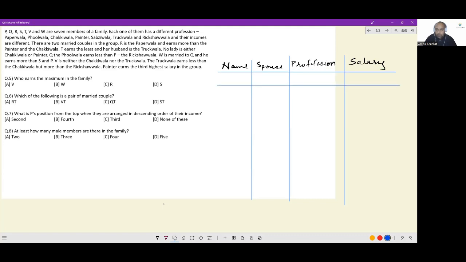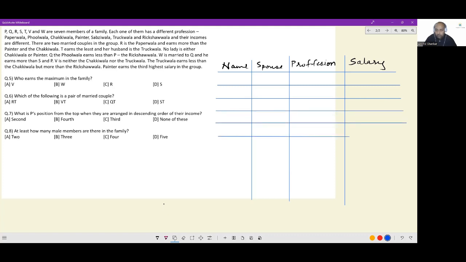For 4 people, the spouse column will have something. For 3 people, the spouse column would have to be empty.